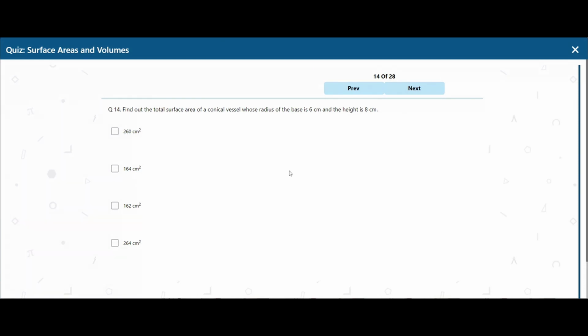Base is 6, height is 8, L is 10. 22 by 7 into 6 into (10 plus 6). That is 16.